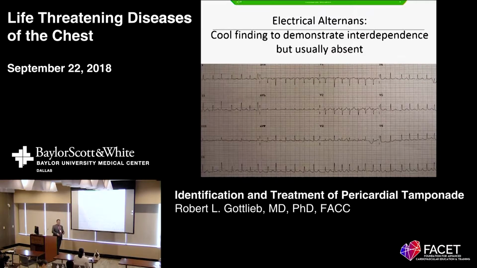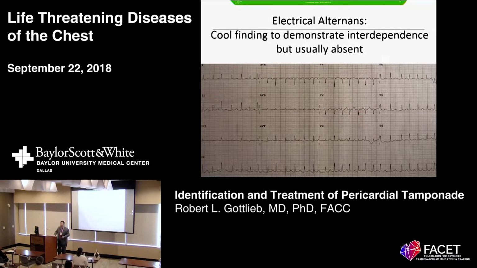So in medical school, we're taught about electrical alternans. This is a cool finding. Lack of it should not rule out the clinical diagnosis. It's just an extreme manifestation. A lot of times, electrical alternans really requires the heart shifting in space. The amount of volume that it takes to cause pericardial tamponade is, if you did not have any effusion five minutes ago, 50 to 75 cc's in the pericardial space.